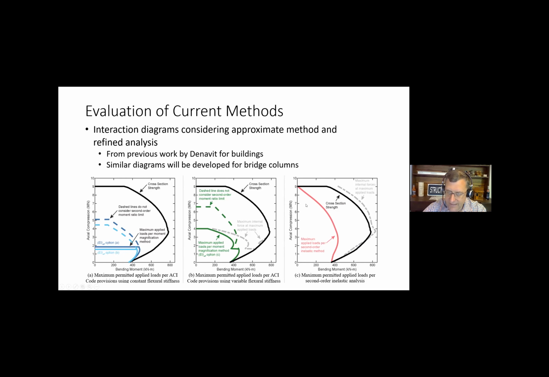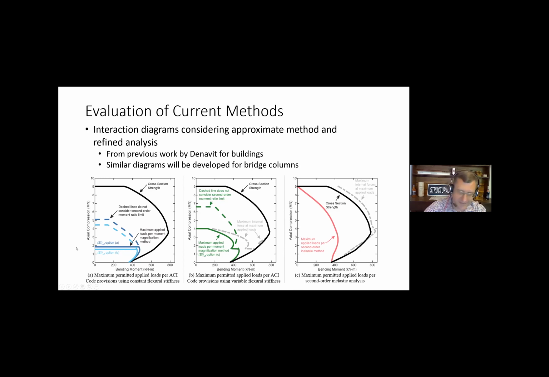The refined, or our best guess, second order analysis says that's okay. But if you go to the same point on these design methodologies, they're outside the dashed lines, so it's not okay. So the analysis is saying that the design methodology is too conservative.